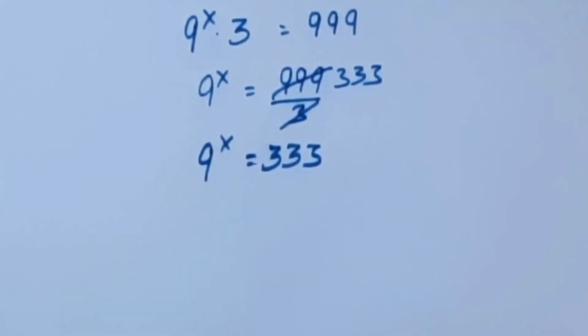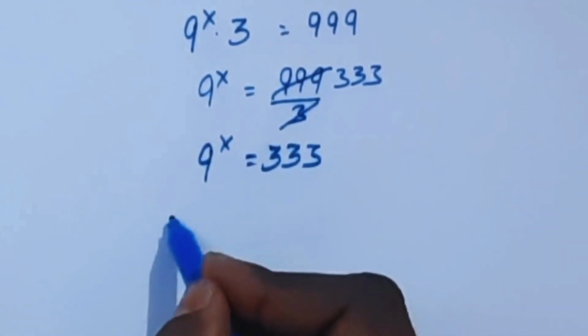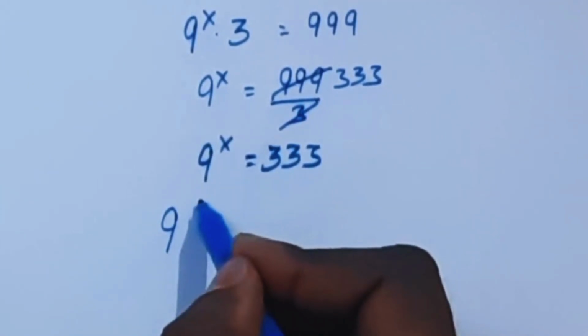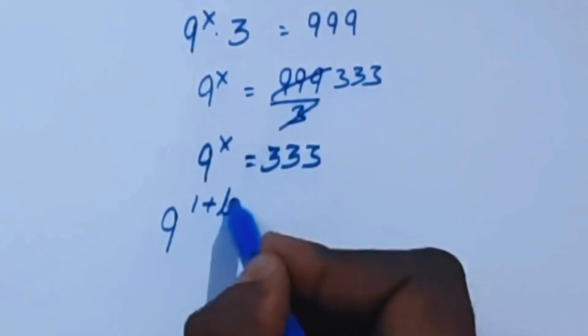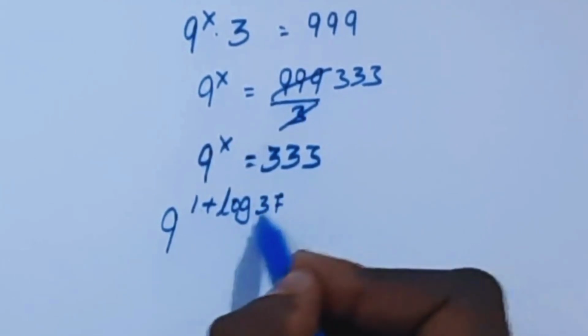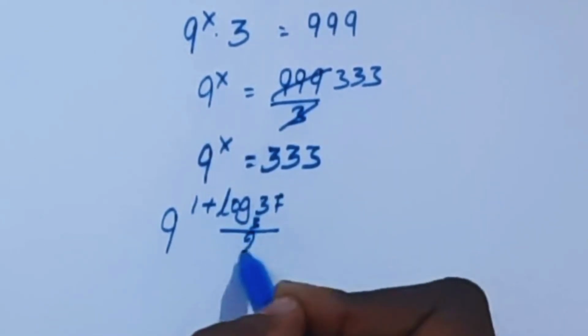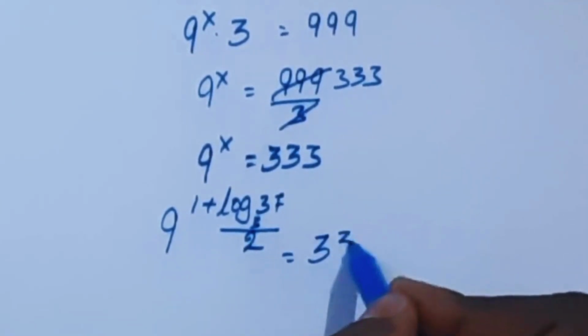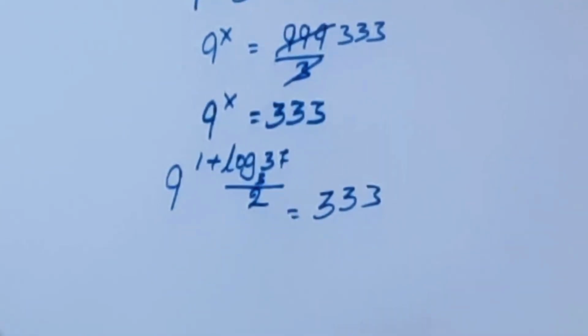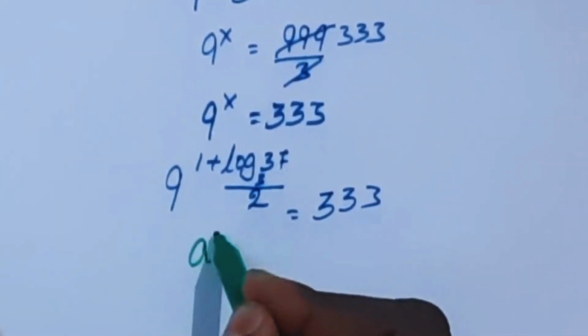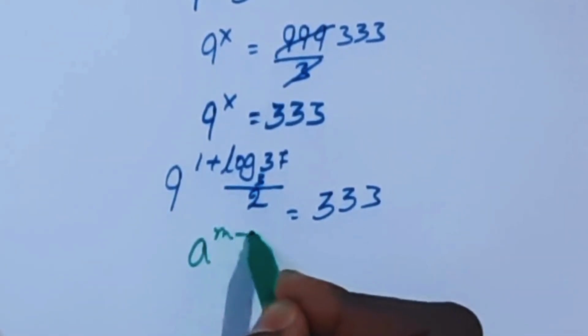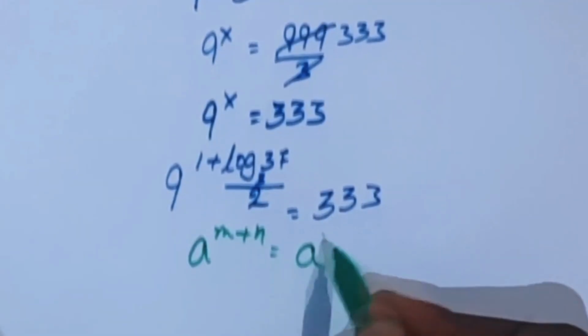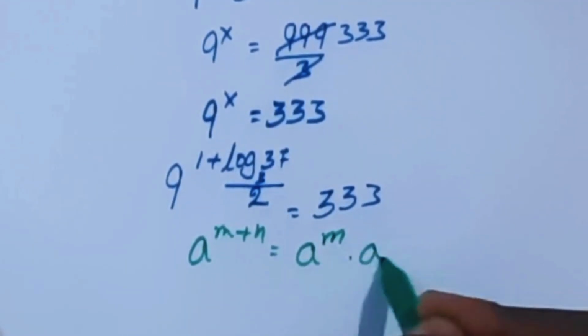Now applying this x value, 9 power 1 plus log 37 base 3 by 2 equal to 333. A power m plus n equal to a power m times a power n.